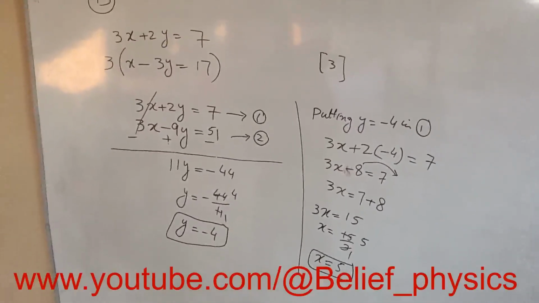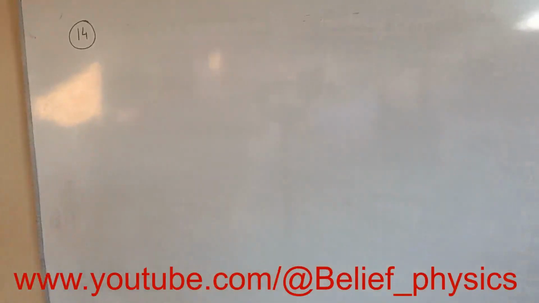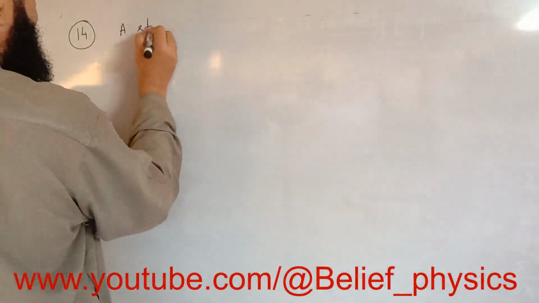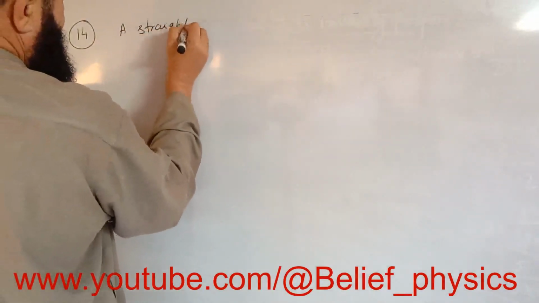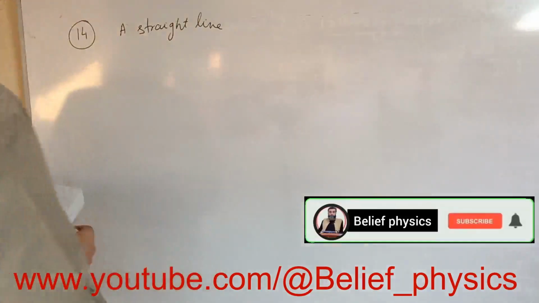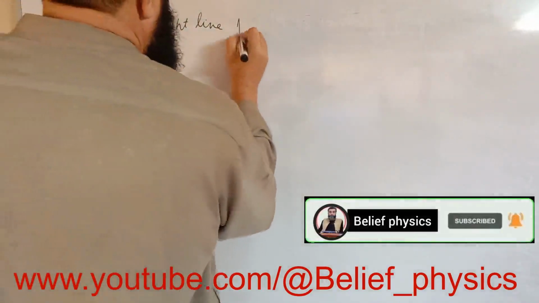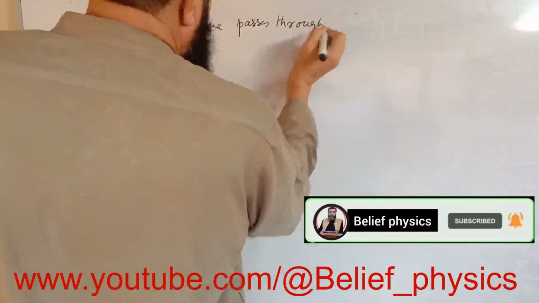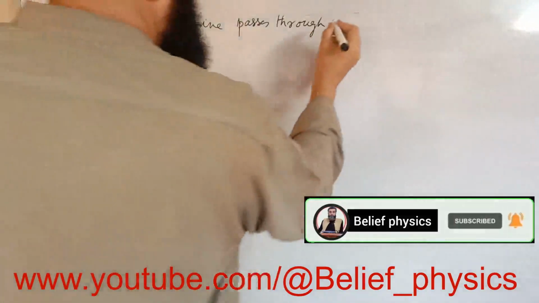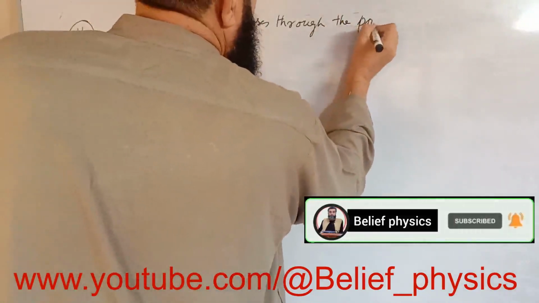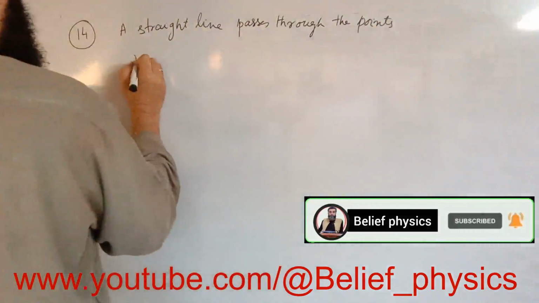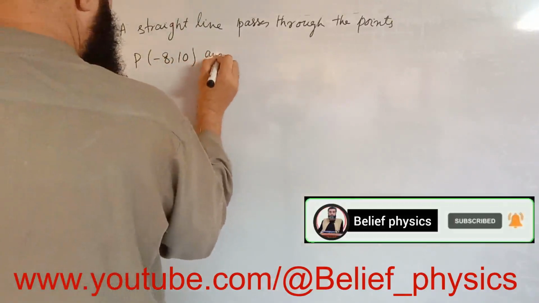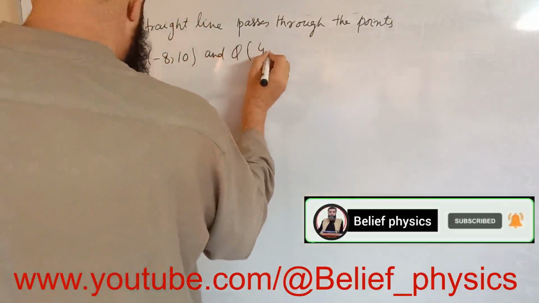Understand? Question number 14 is about coordinate geometry. Question is, a straight line passes through the points P minus 8, 10 and Q 4, 1.